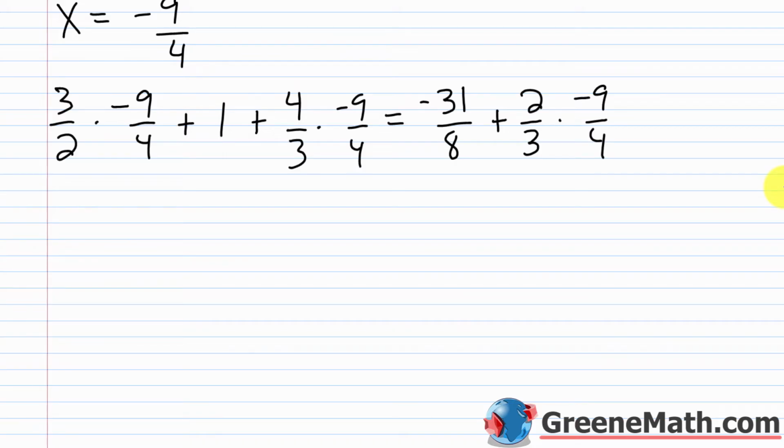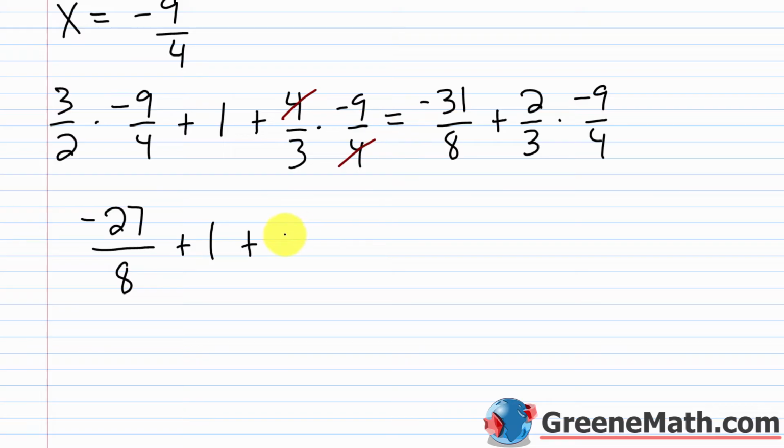All right. So if we have 3 halves times negative 9/4, what can we cancel? Well, nothing. So we just have to do the multiplication. 3 times negative 9 is negative 27. 2 times 4 is 8. So then plus 1 plus, over here, this 4 would cancel with this 4, and I'd have negative 9/3.